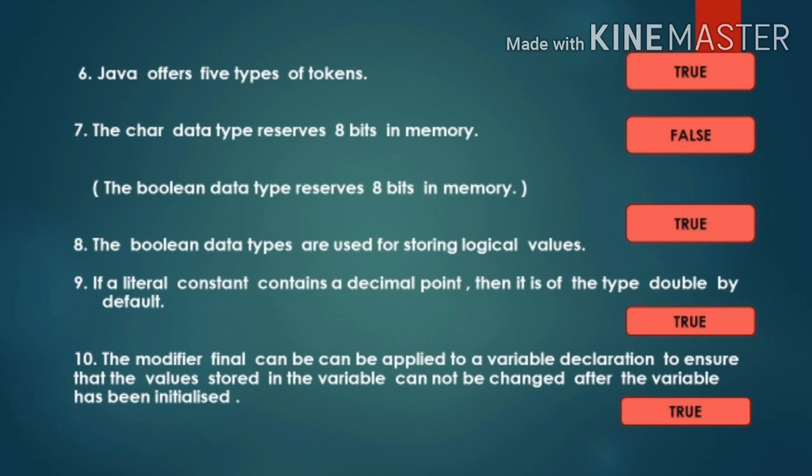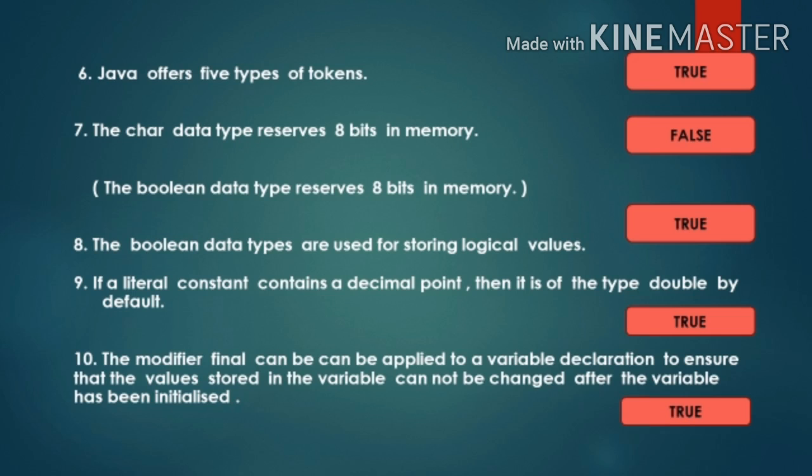Question number 8. The Boolean data type is used for storing logical values. The statement is true. Question number 9. If a literal constant contains a decimal point, then it is of the type double by default. The statement is true.